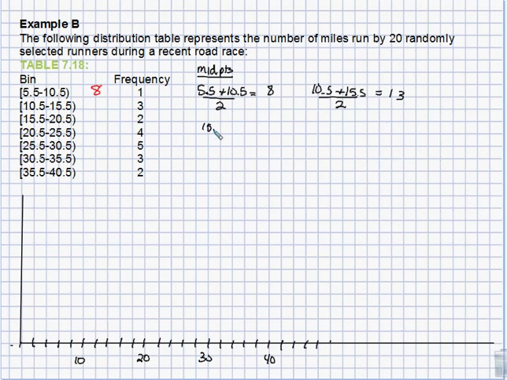And then 15.5 plus 20.5 divided by 2, so that's 36 divided by 2, which is 18. Plus 5, plus 5, plus 5. So 13, 18, 23, 28, 33, and 38. Those are my midpoints.